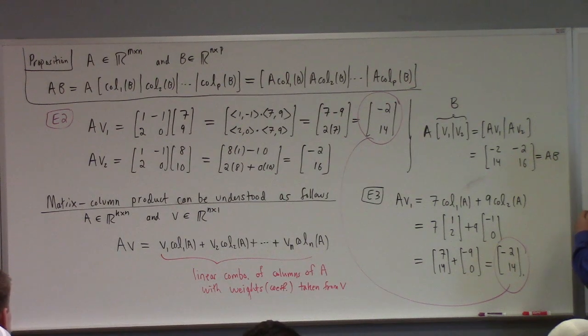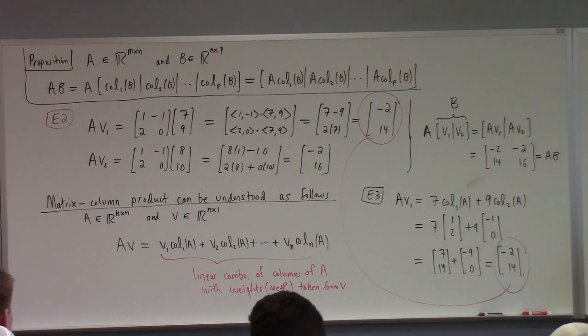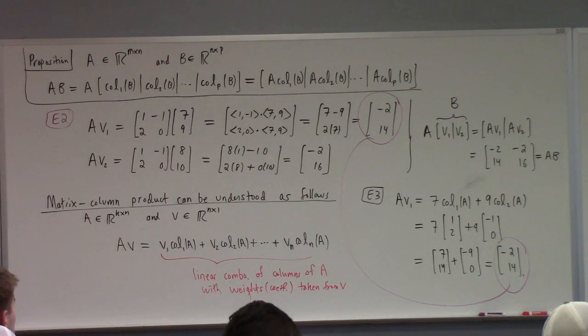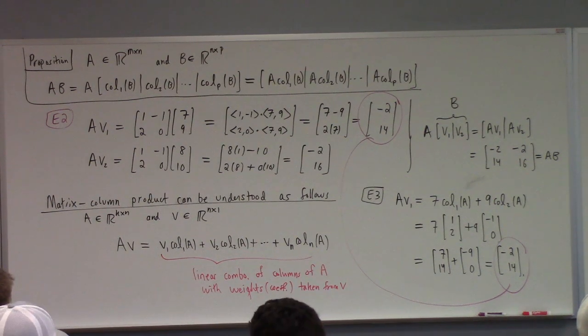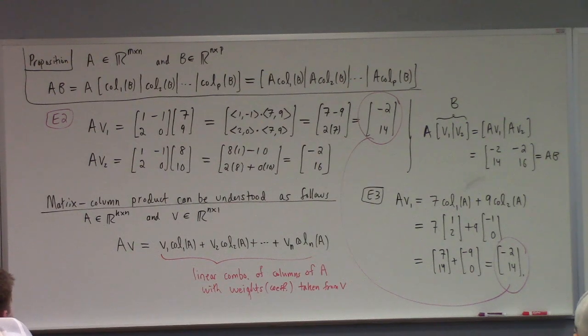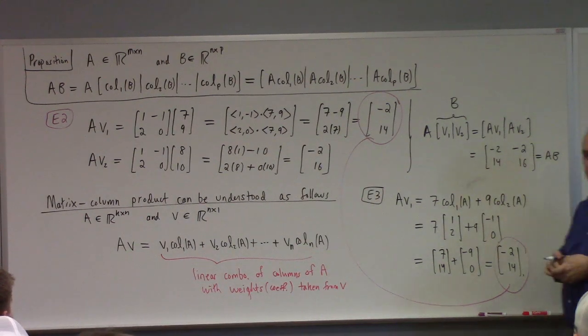What happens here? So what that gives me is x times 1, 2, 3 plus y times 4, 5, 6 plus z times 7, 8, 9. So we can look at a matrix column product in this way.